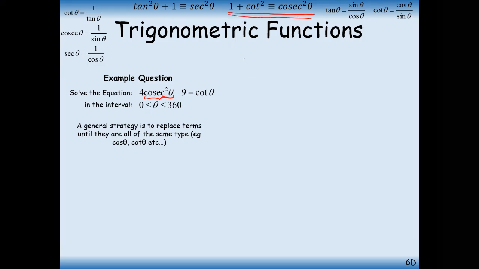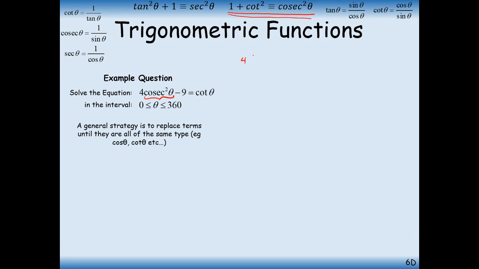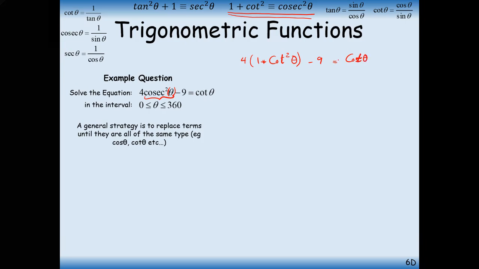So we can write this as 4 open brackets 1 plus cotan squared of the angle theta. Noticing there is only a coefficient of 1 in front of theta, so we don't have to adjust the range there, and subtract 9 from that and write cotan on the right hand side, cotan of theta, not cos, cotan.